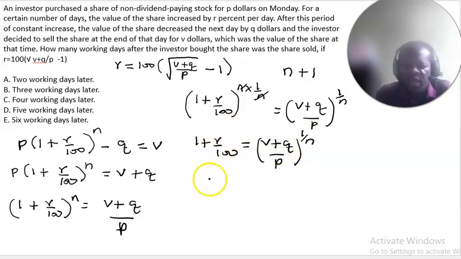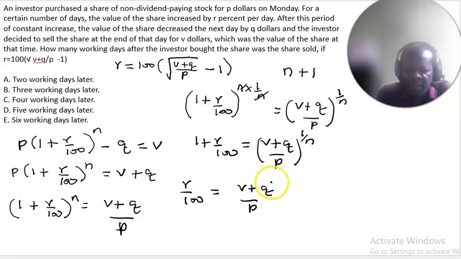So we want to make R the subject of the formula. So 1 goes over to the other side. So we have R over 100 equals V plus Q over P raised to power 1 over n minus 1. So again, we want to eliminate 100 to make R the subject of the formula.